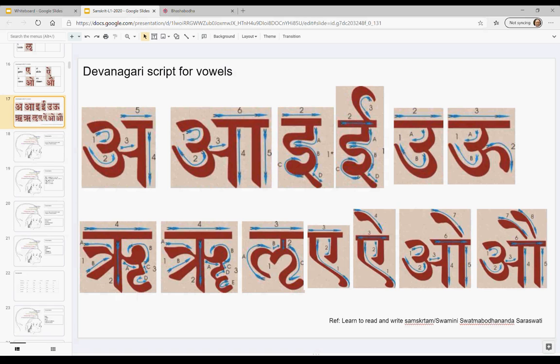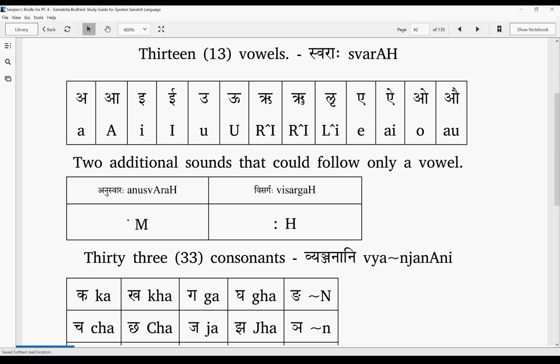These are the vowels, and the chart of letters is also in the book here, and on the slides. Basically we are saying there are 13 vowels: a, e, u, u, u, a, I, o, au.